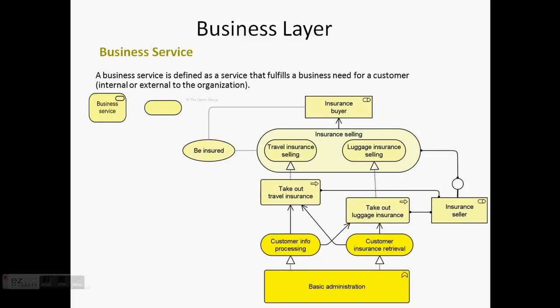A business service is realized by one or more business processes, business functions, or business interactions that are performed by a business role or business collaboration respectively. It may access business objects as well.